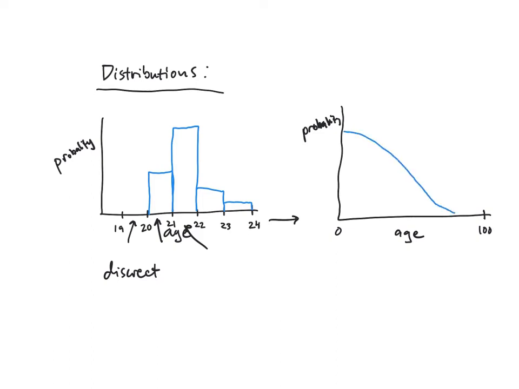And it's probably something a little bit like a bell curve like that, where there's a very high probability of someone being 0 years old, like a newborn, and there's very low probability that someone's going to be 100 years old. And this is called a continuous distribution.